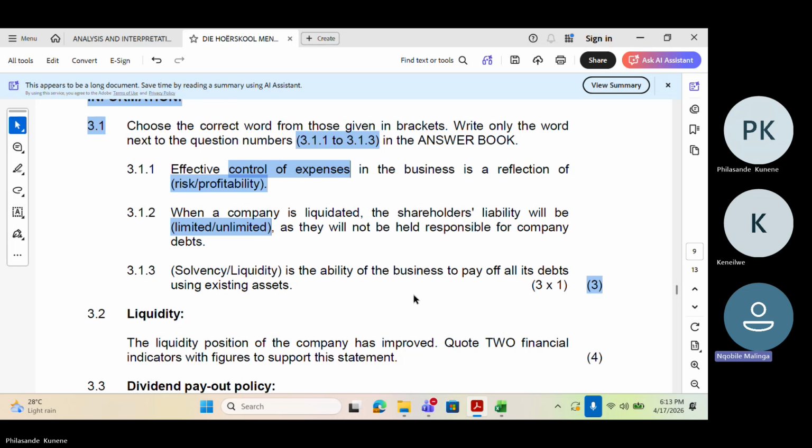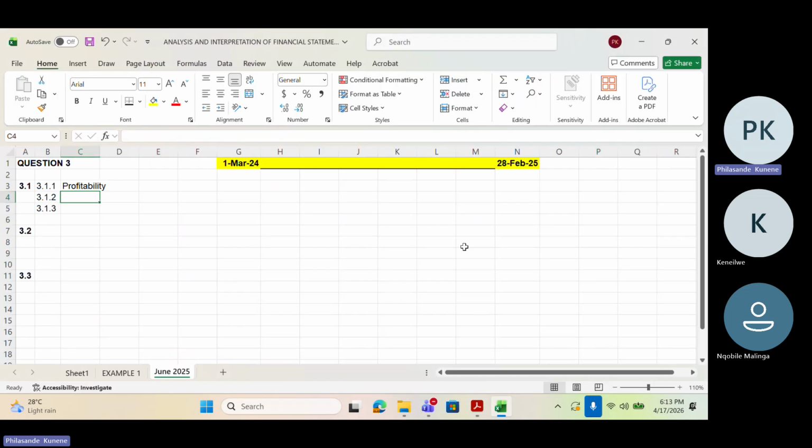Because like Bashirula would say, they will not be held responsible for the company's debts. So that's limited liability because then the possessions or assets will not be touched by the company. Exactly, very good on that. If it's a company, remember we have different types of entities, right?